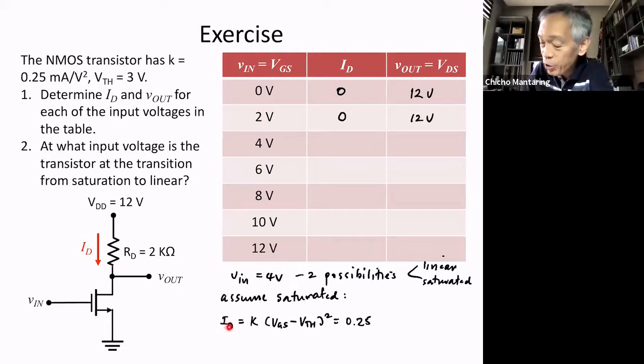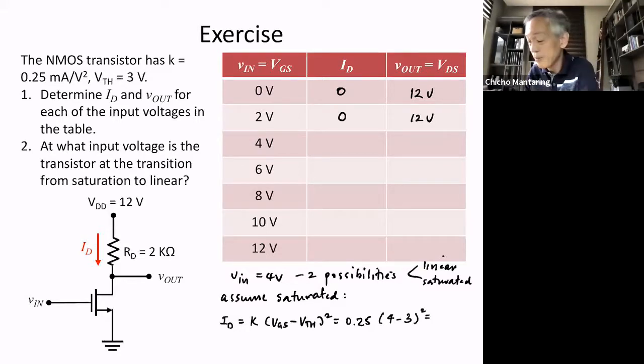So we'll assume that whatever value of ID we get is in mA. What is VGS? VGS is 4 because Vin is equal to VGS. VTH is 3, squared. So what is ID? ID is just 0.25 mA.